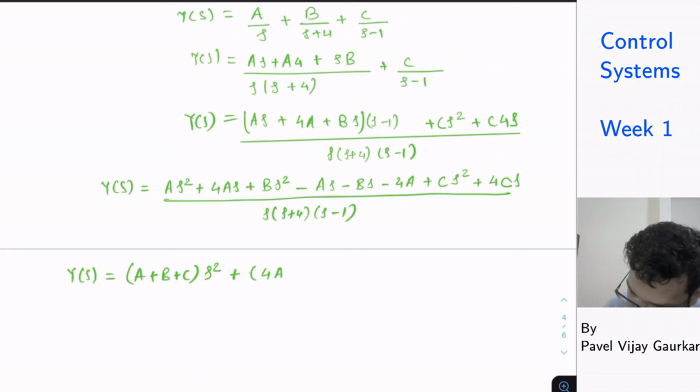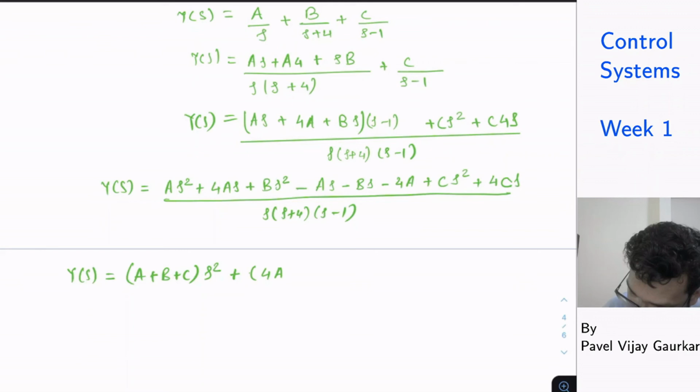We will have 5c equals 1. So c will be 1 upon 5. So if we plug in c equals 1 by 5 in any of the equations, b is equal to 1 by 4 minus 1 by 5. That will be 1 by 20. So we have values of a, b, and c.